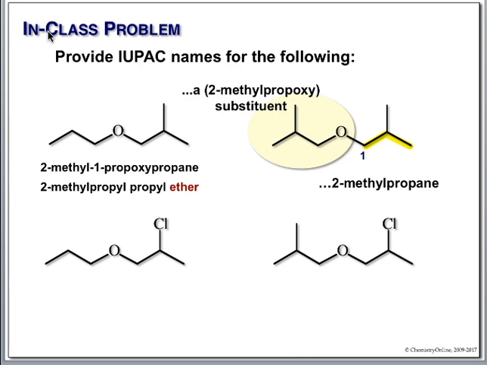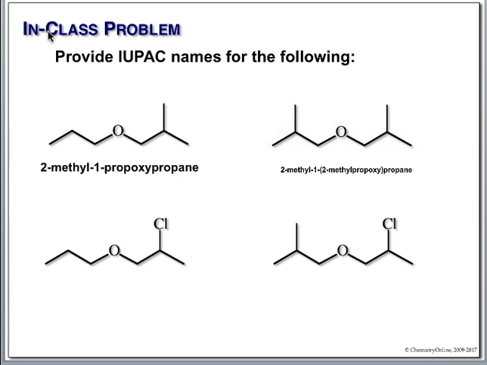So we're going to have a 2-methyl propane as our parent, a 2-methyl propoxy as our substituent, attached to carbon 1. So 2-methyl, 2-methyl propoxy, propane. Or you could simply call it di-2-methyl propyl ether. Just like diethyl ether, di-2-methyl propyl ether.